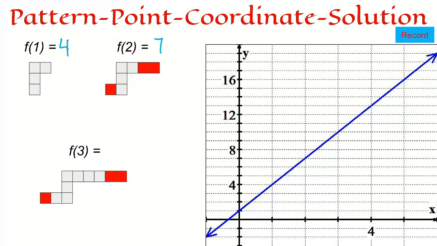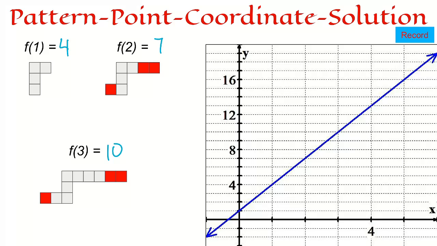And then in figure 3, again, we've added 3, so we have 10. That's right, Elliot. Thank you. So what we can see is that when x is 1, the y value is 4.